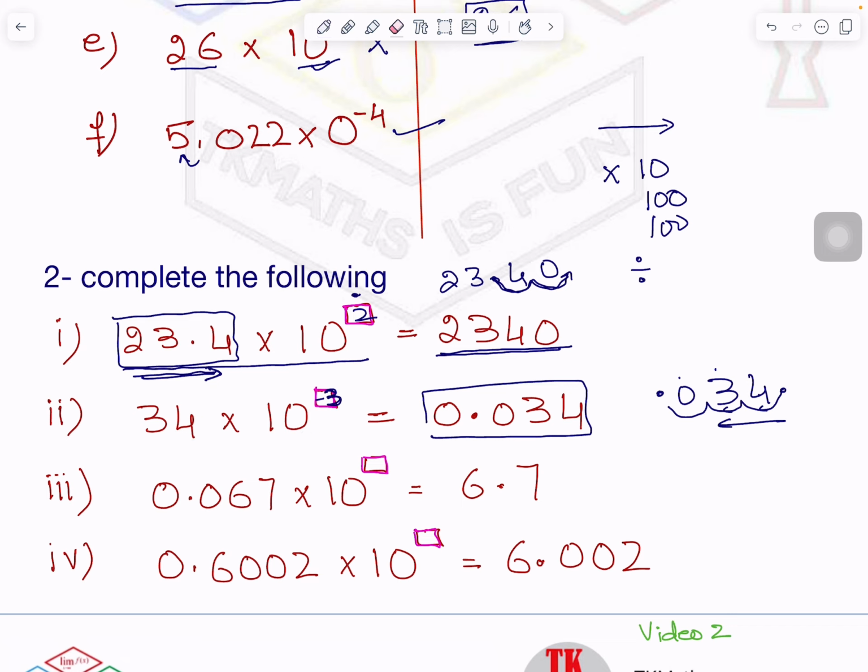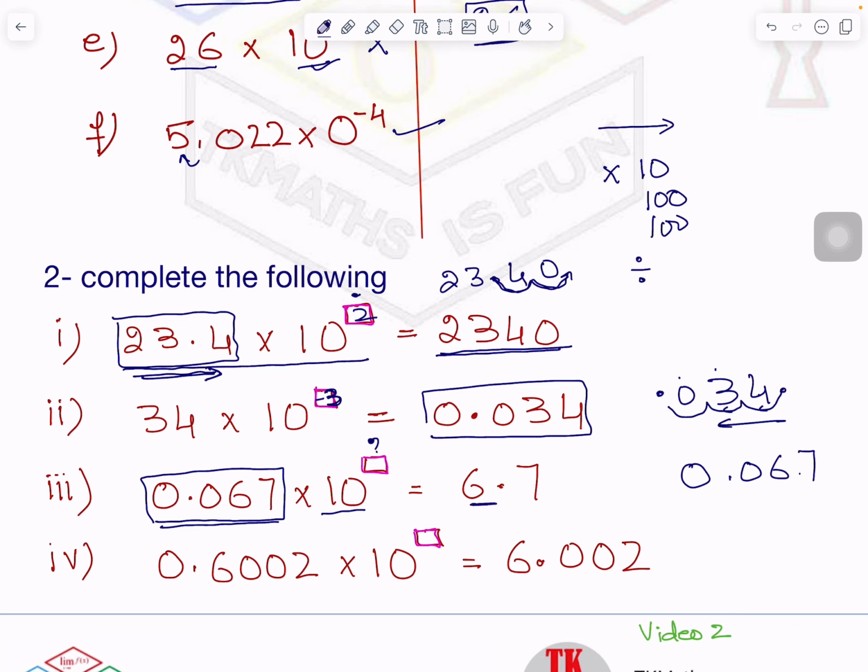Now let's look at the third example. It is 0.067. You are multiplying it by 10 power something. What is that? I don't know, I will find out. But what happened? This number 0.067 becomes 6.7. So let's see what actually happened. This was the number. After multiplication, the decimal is coming after 6.